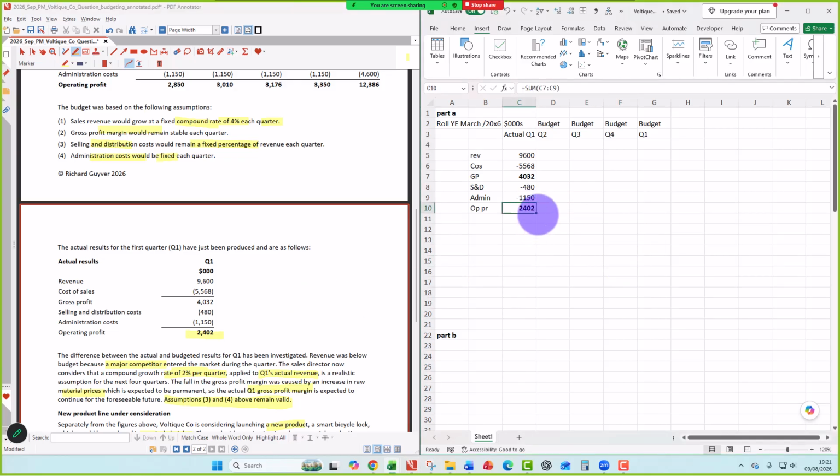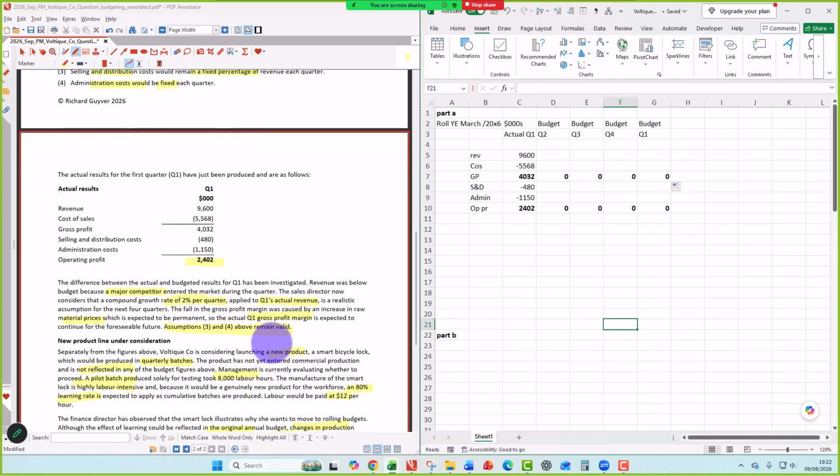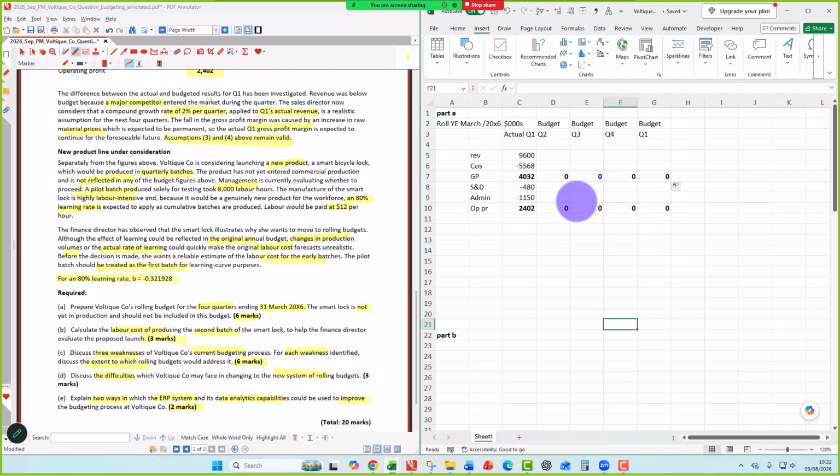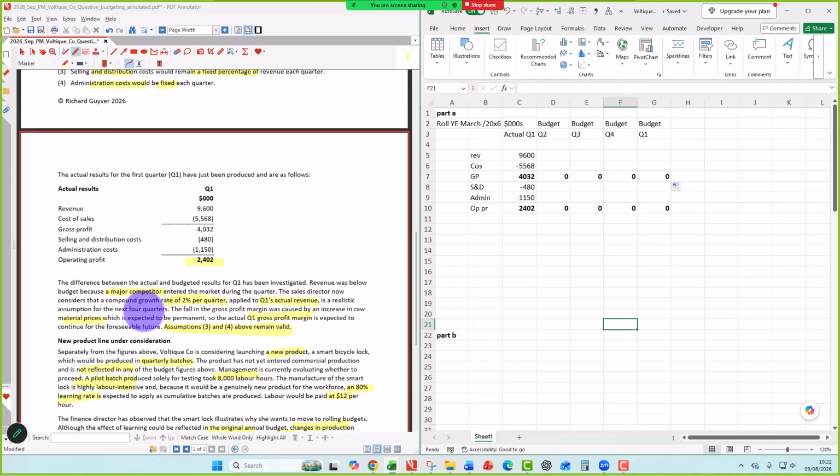Now the other thing I can do is extend that gross profit to the side and operating profit to the side, and then when I do these steps, these are going to calculate by themselves. It doesn't matter which order I populate things, and there are probably going to be some that are a bit simpler and some that are a bit more difficult.